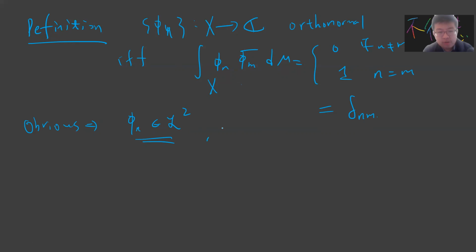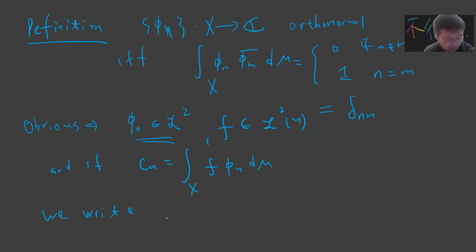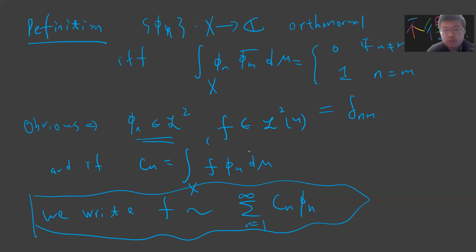Okay, so if somebody takes f to be in L squared, and let's say Cn is a projection, then we write, by the way, this is a definition, so there's no non-trivial part.